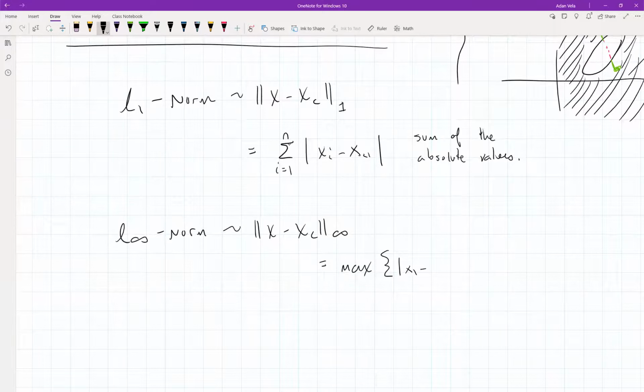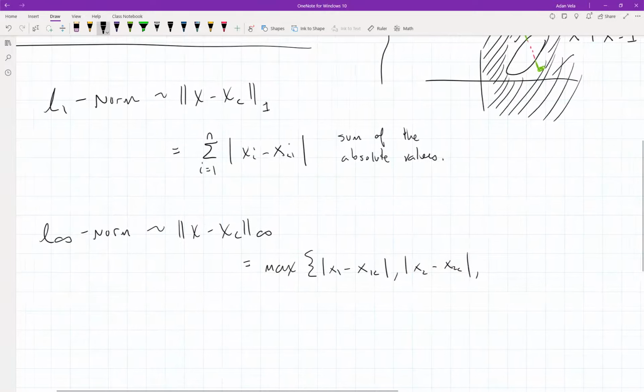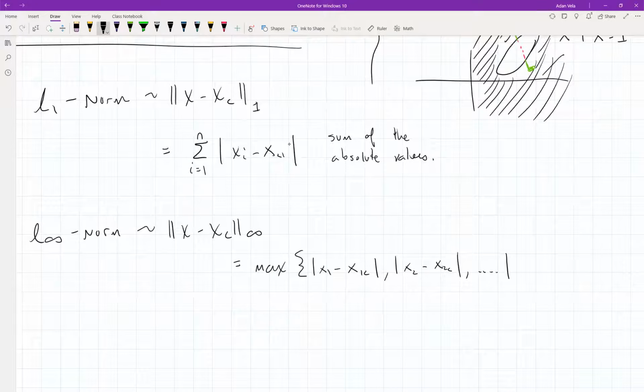So you would take a look at the absolute value of x1 minus x1c, and the absolute value of x2 minus x2c, and you'd keep doing this. You'd take the absolute values of all the components of x minus xc, and you'd figure out what the maximum value is of all those quantities. And that's what the L infinity norm is given by.